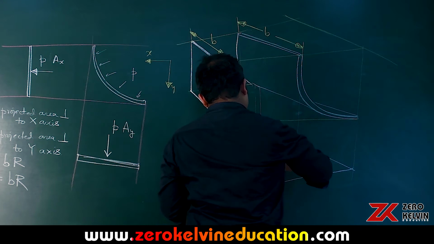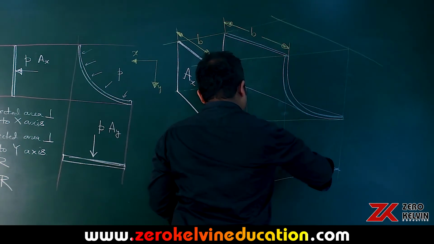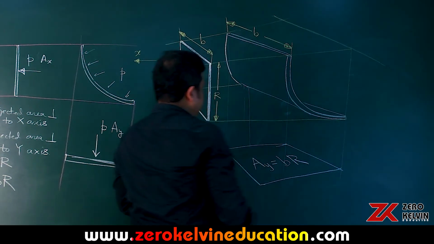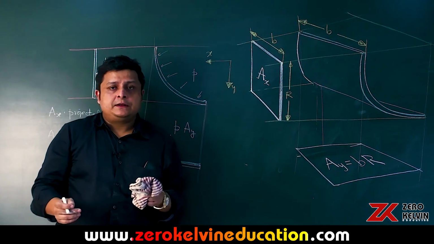Yeah, so this is our AY, and this is also equal to B multiplied by R. It's the same and symmetrical. This is the case for the quarter cylinder.